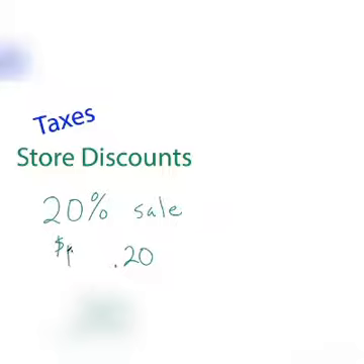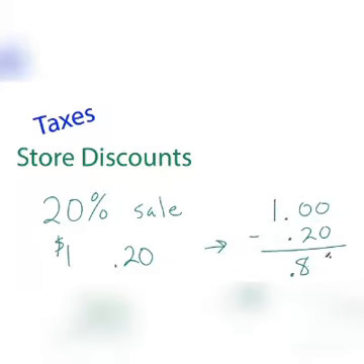If the item originally cost $1 and you're getting a sale of 20%, you in turn only have to pay 1 minus 0.20, which is 0.80, or 80 cents. And you get a discount. So you got a 20% discount, and the item actually costs less.